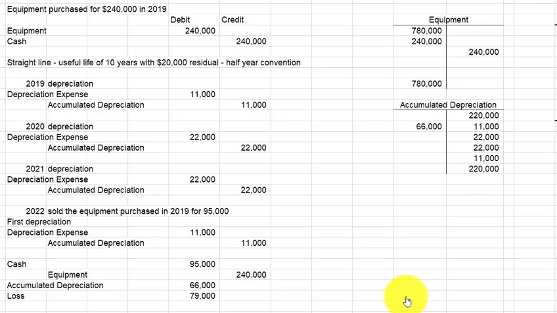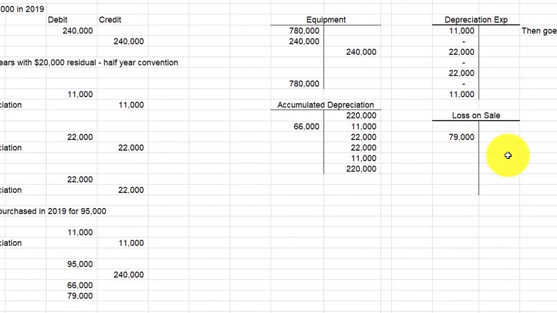So here is an example of what we just talked about. This is the whole process using our journal entries and showing it in our T accounts. So we have our 2 T accounts, equipment and accumulated depreciation, and then a little off our screen right now is our depreciation expense and our loss on sale.